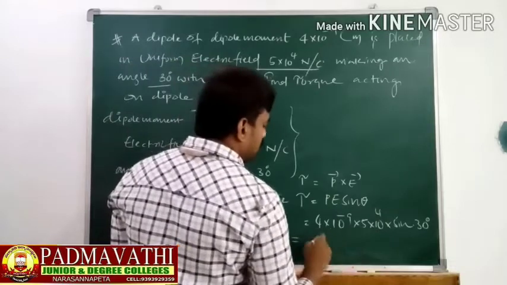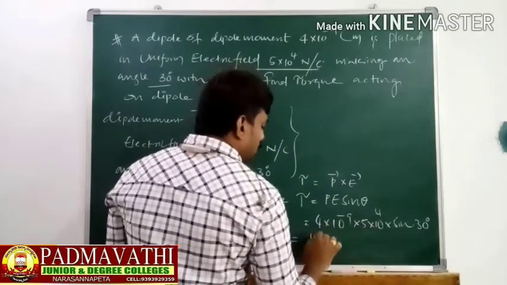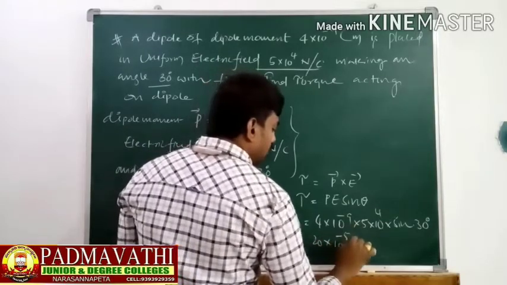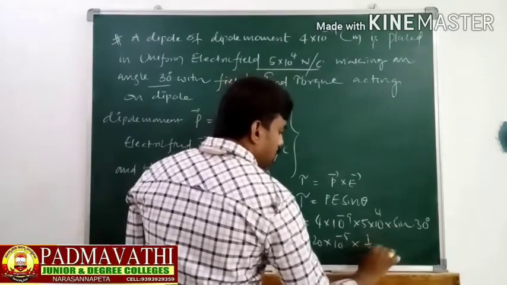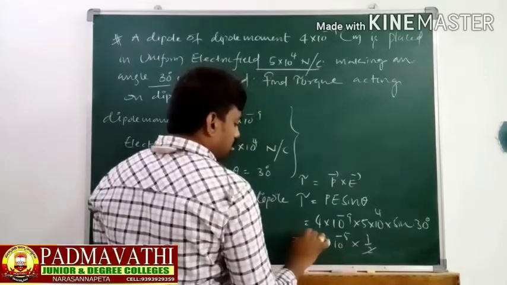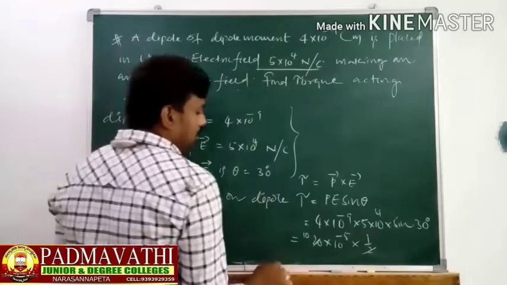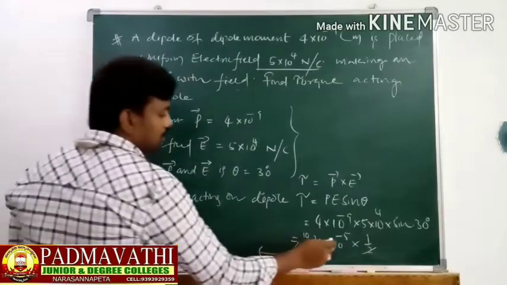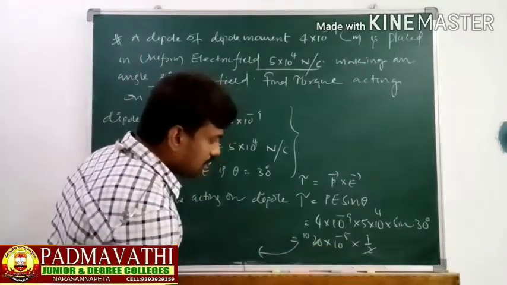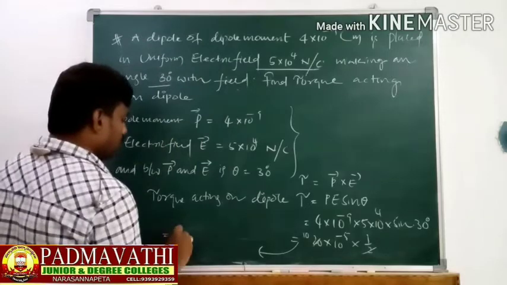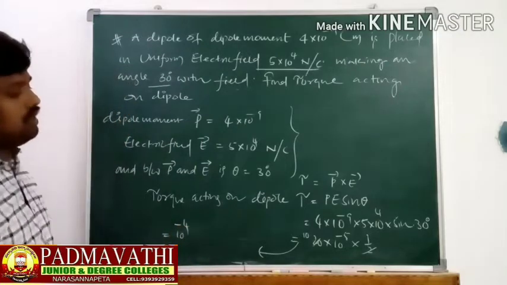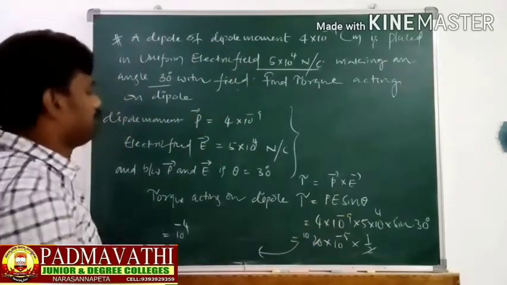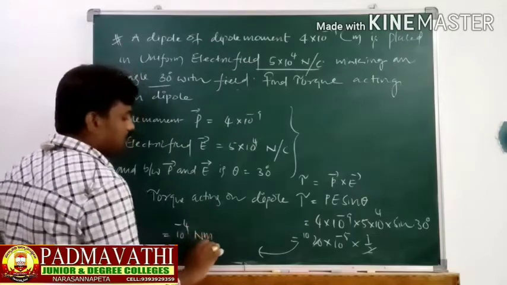So this is 4 into 5, that is 20, into 10 to the power of minus 5, multiplied by 1 by 2, because of the sine. So the final value will be 10 into 10 to the power of minus 5, which is nothing but 10 to the power of minus 4 Newton meter.